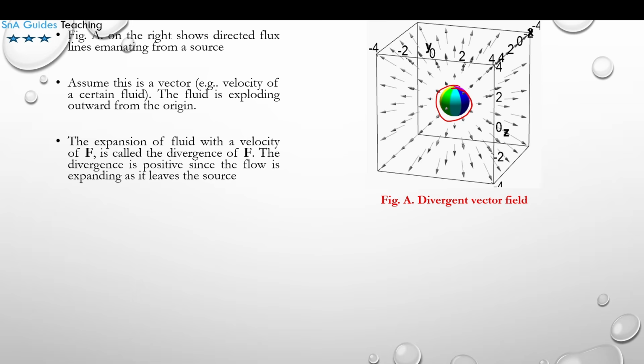Now assume this is a vector, for example, the velocity of a certain fluid. Now the fluid is exploding outward from the origin. Right. The expansion of the fluid with a velocity of f is called the divergence of f. Now the divergence is positive since the flow is expanding as it leaves the source. Right. So it's positive.